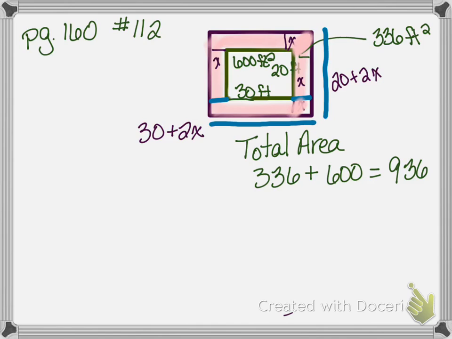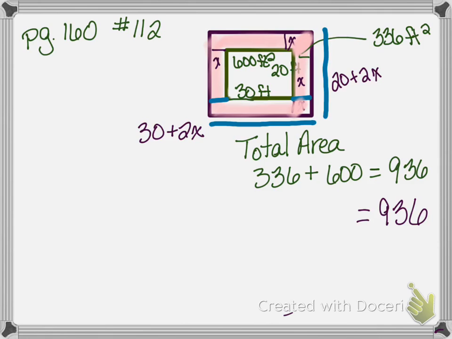That's where my 2X comes in, and my 20 is the width of the pool. So now, if I multiply my new length times my new width, that is going to equal 936 square feet.